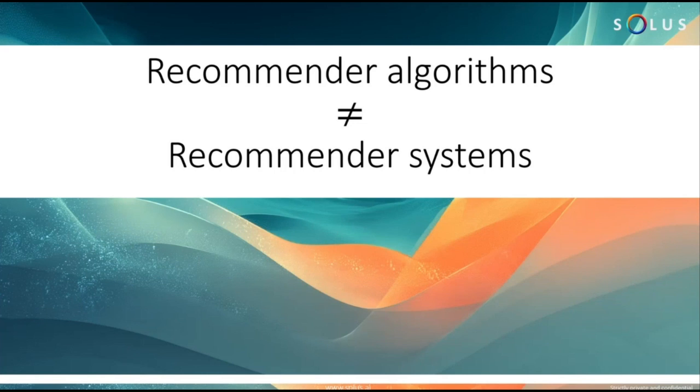But a recommender system has a slightly larger scope. It's a fairly standard distinction of an algorithm versus a system. We're just applying the distinction here to recommender systems. And as we talk about recommender systems and what kinds of things they do, we will talk about some of the algorithms that go in, as well as the kinds of things that encompass the entire system.